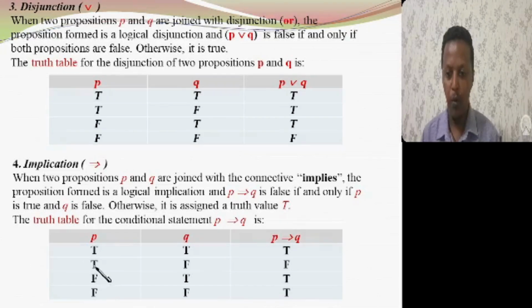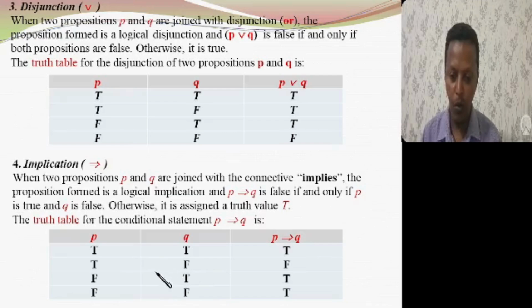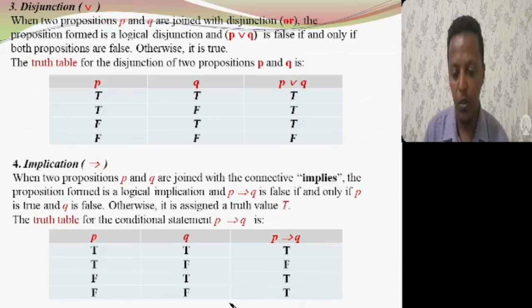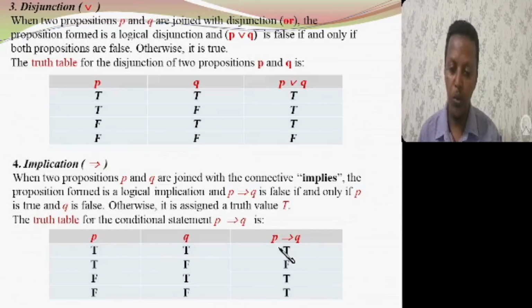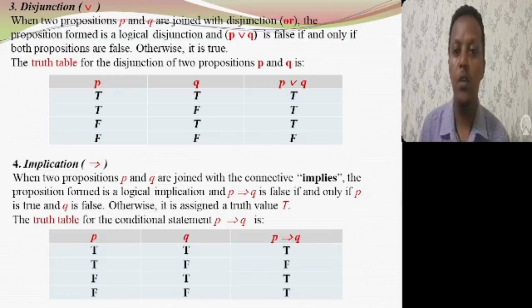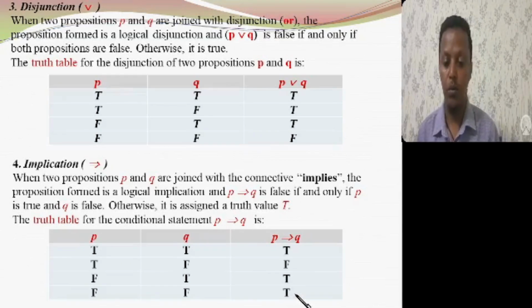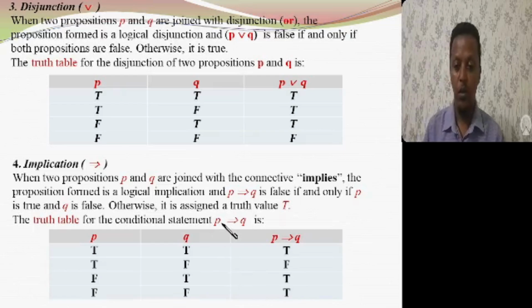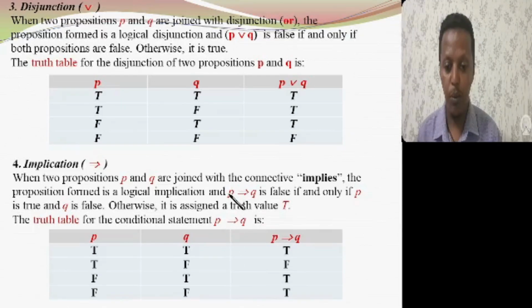When you imply from true to false, true implies false is false in logic. Otherwise it is true. That means true implies true is true, false implies true is true, false implies false is also true. Later on we will see P is the hypothesis and Q is the conclusion.